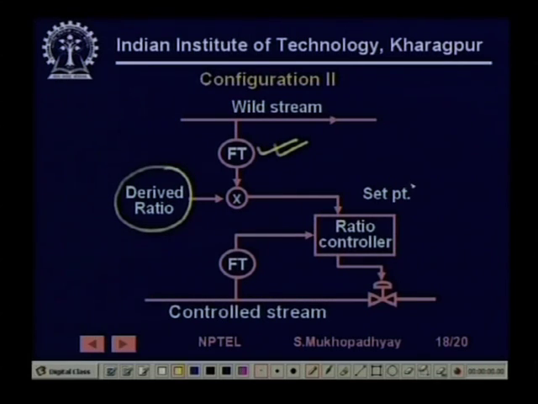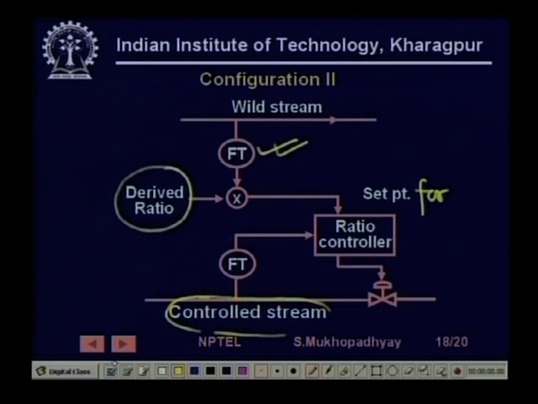So, in that sense it is a set point for the flow rate of the controlled stream. Using this you are providing a set point, and then it is the usual feedback control. So you could do it in either manner and get the ratio.